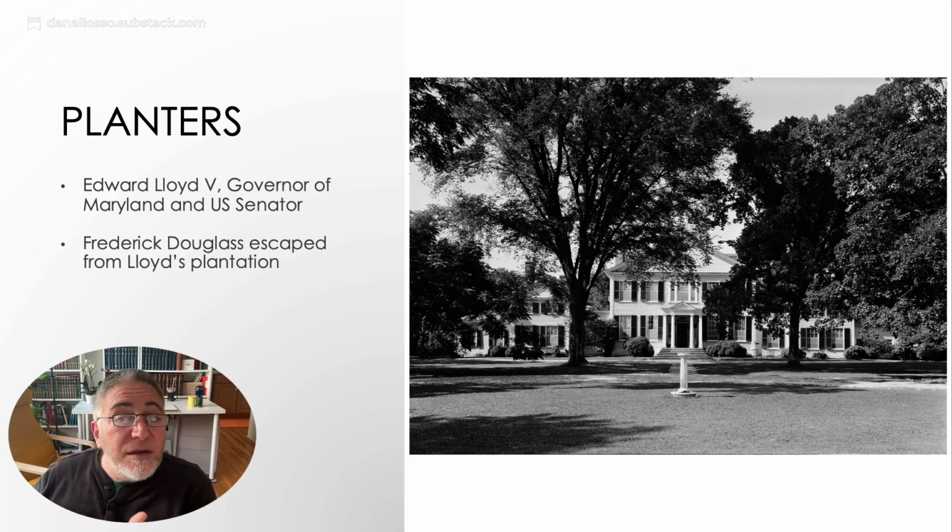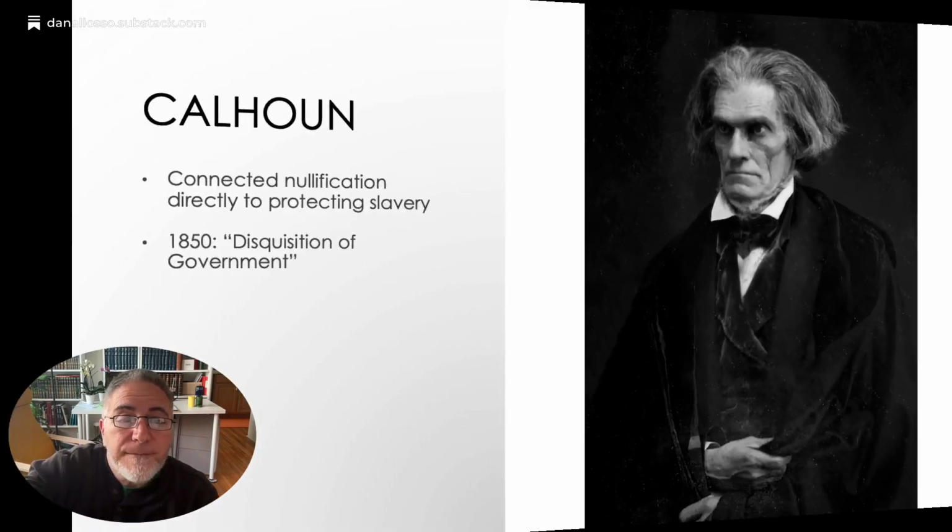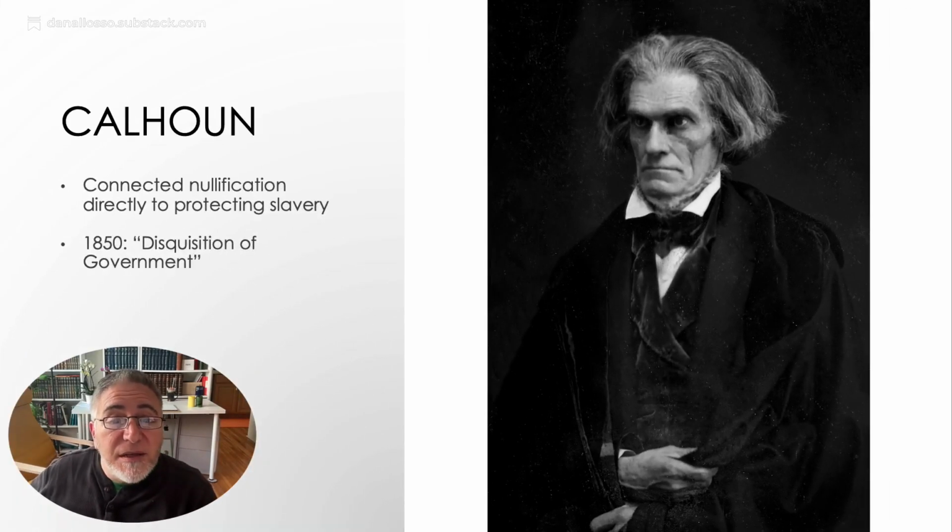And as a representative and a senator, of course, Lloyd had defended slavery in Washington as the foundation of the American economy. As the nation expanded in the 1830s and the 1840s, the writings of abolitionists began to reach a larger national audience, defending slavery, their way of life, and, they believed, their honor.